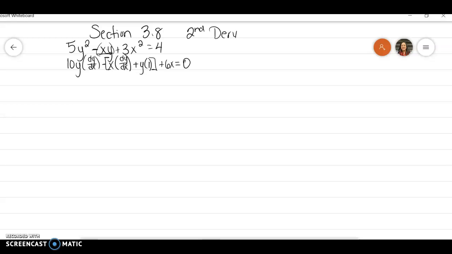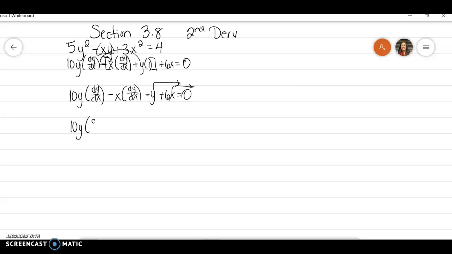So what I would do first, let's skip some lines here so it'll look neater. We have our dy over dx. What I'm going to do here is distribute that minus sign. I'm going to distribute it through those brackets that I have there. So that would give me negative x dy over dx minus y plus 6x is equal to 0. And what I'm going to do is move everything I have without a dy over dx across that equal sign.